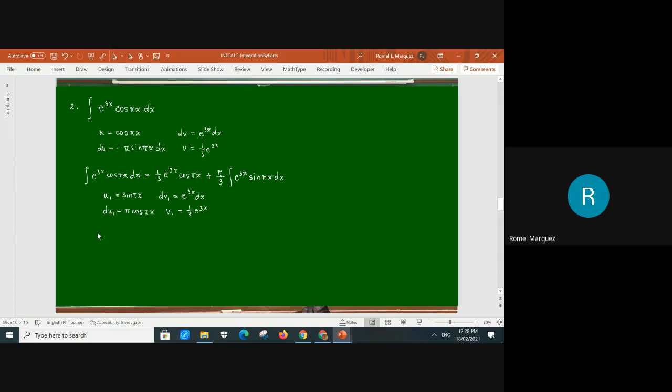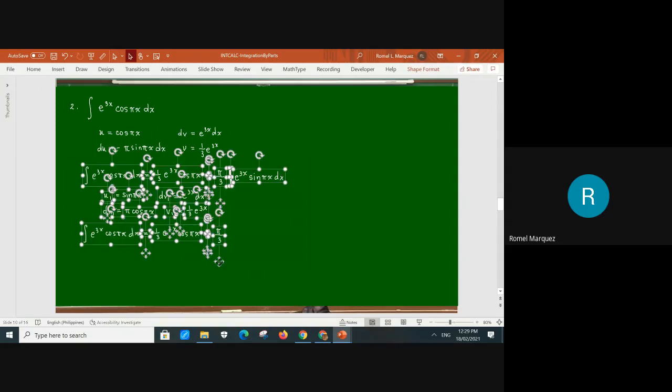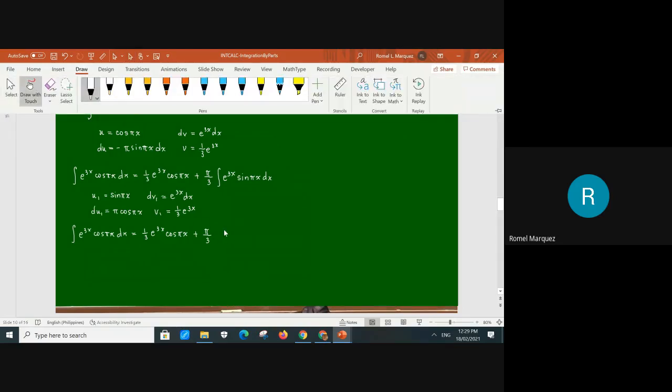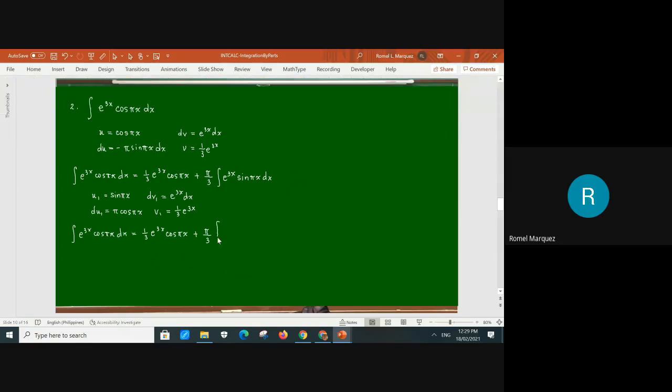Let me copy this part up to, I think, 5/3. I'm going to write that here. I think I will be needing much space. So plus, what comes next? Plus pi over 3, which I will enclose in a pair of brackets.